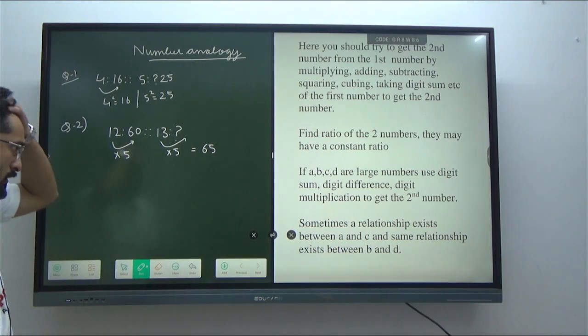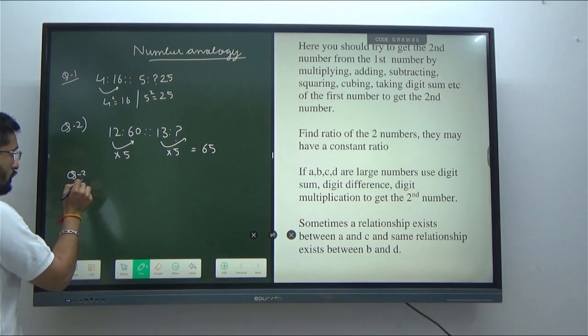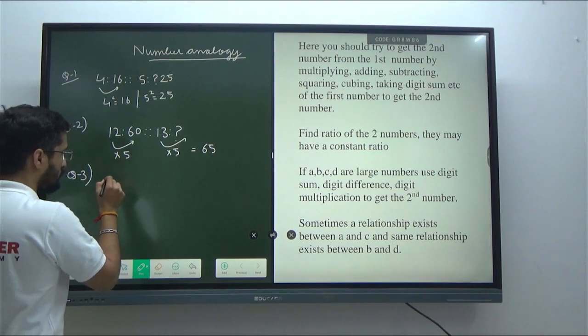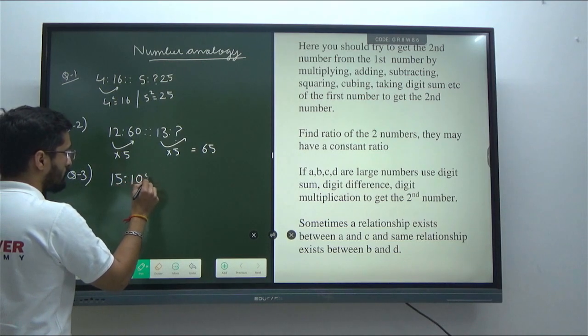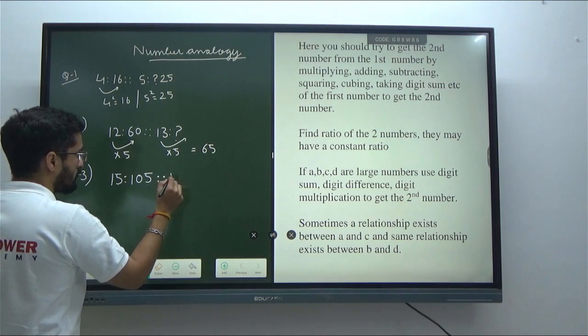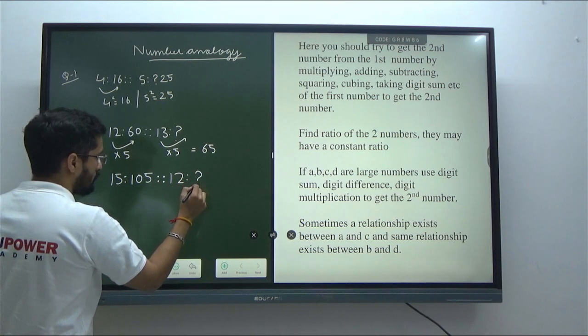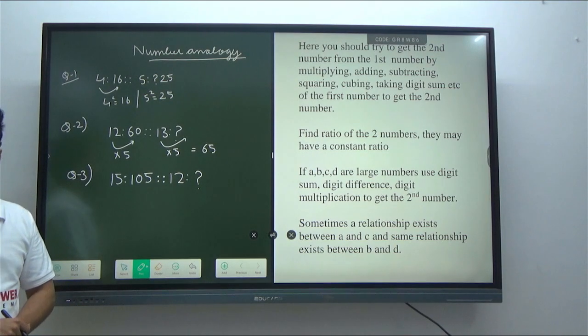Next question. 15 is to 105, so 12 is to what?